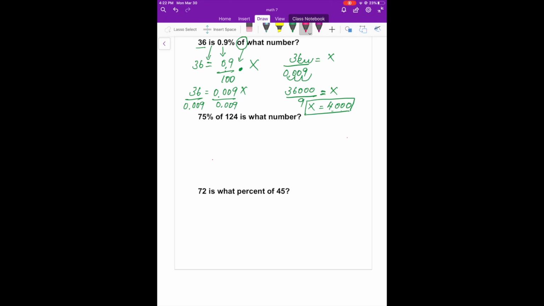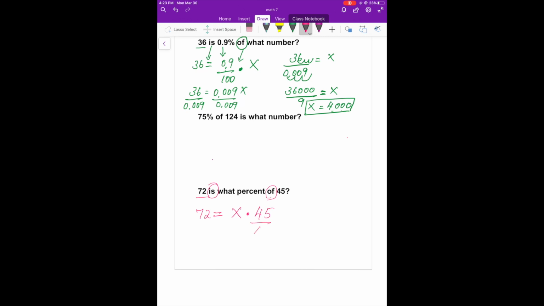I don't know which method you like. I like equation because 72 is, means equal to, what percent. That is out of 100, but I'm just going to write that as x. What percent of 45?